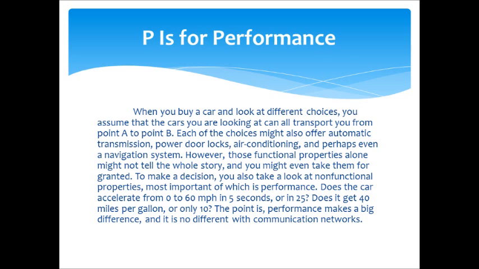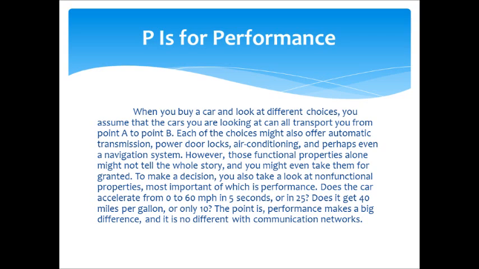P is performance. When you buy a car and look at different choices, you assume that the cars you are looking at can all transport you from point A to B. Each of the choices might also offer automatic transmission, power door locks, air conditioning, and perhaps a navigation system.